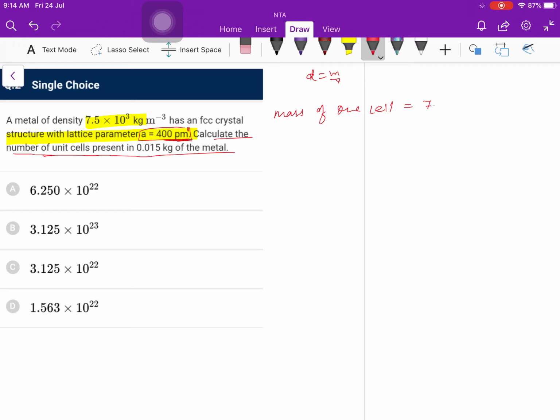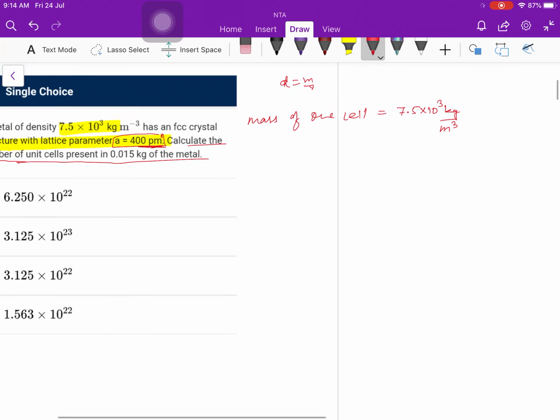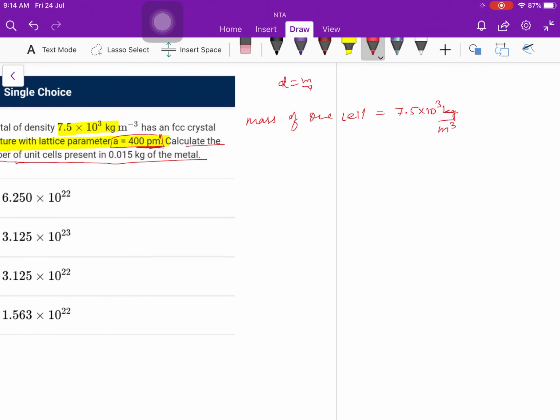Density is 7.5 into 10^3 kg per meter cube, and the volume is 400 picometer, where picometer means 10^-12. So (4 into 10^-10)^3 meter cube. Meter cube gets cancelled out, we are left with kg.